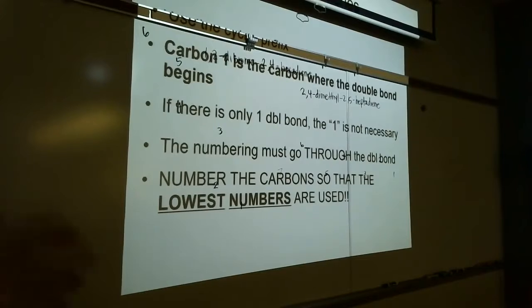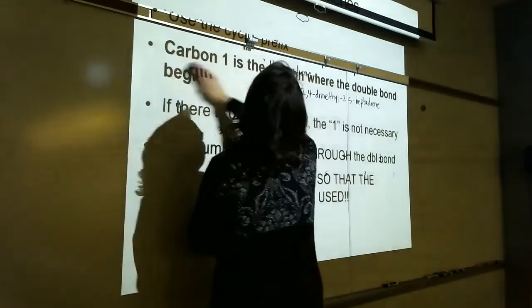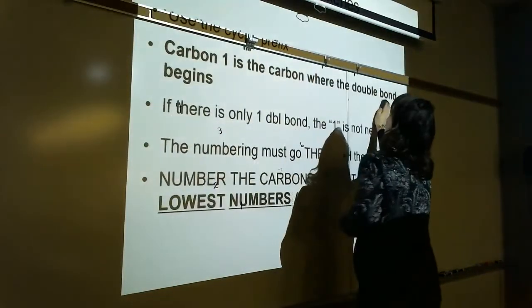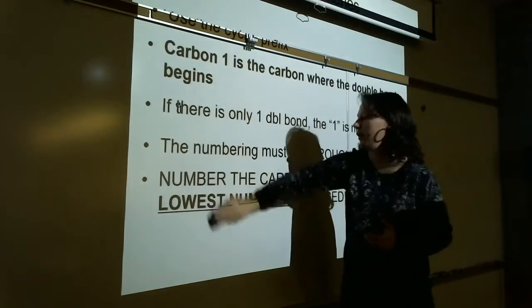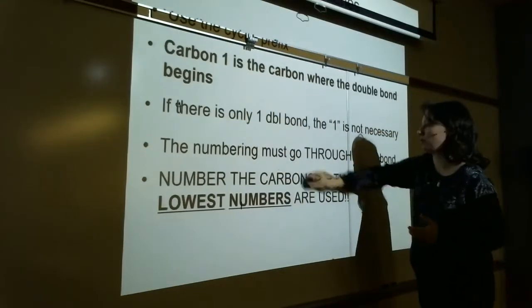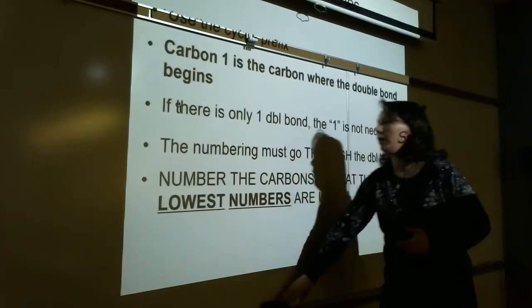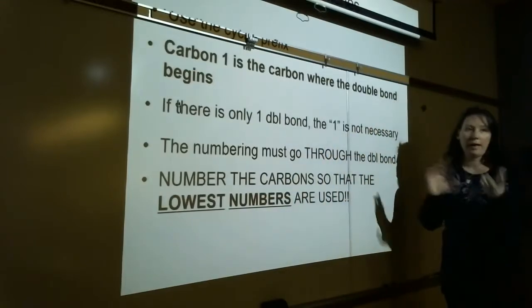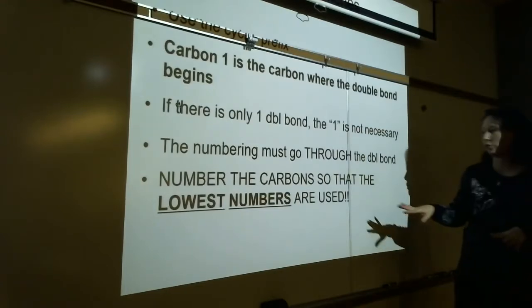Okay. Now, when we're dealing with rings, carbon number 1 is where the double bond begins, right? Because that's the highest ranking thing. And again, we want to number in terms of clockwise versus counterclockwise. We want to give us the numbers that are lowest.